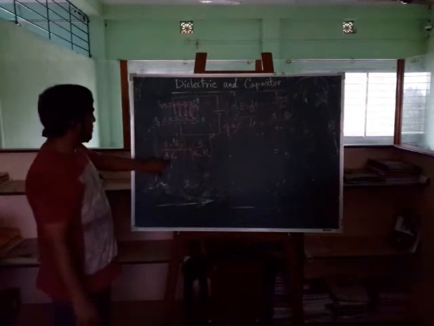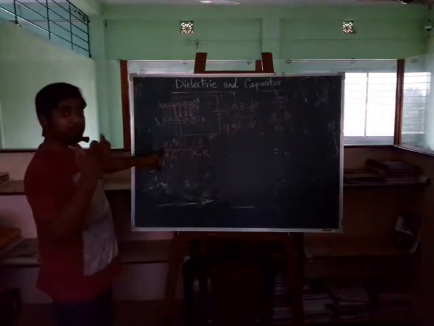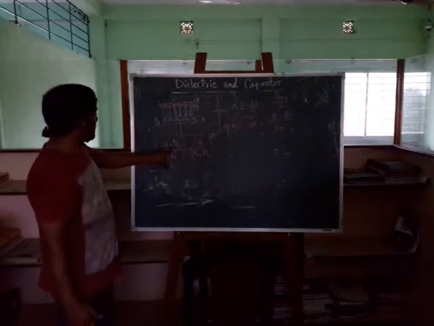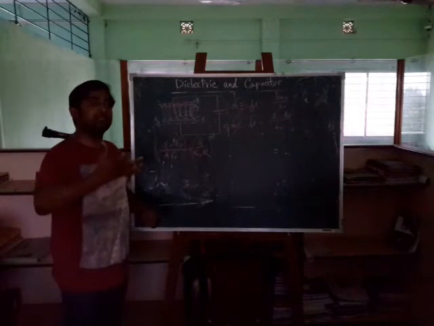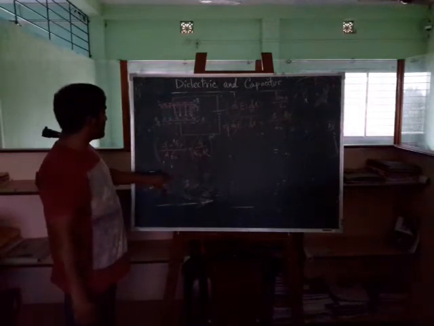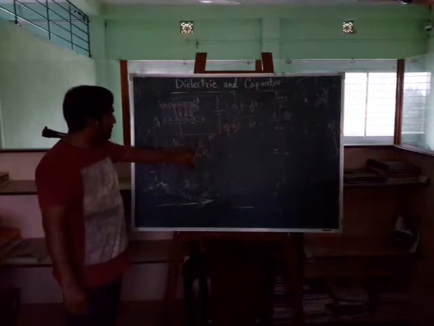Q upon A epsilon naught is the field due to the charge given by the battery, and then minus QP by A epsilon naught is the field due to the induced or polarized charge. So that is equal to the reduced field, which is the original field divided by K.